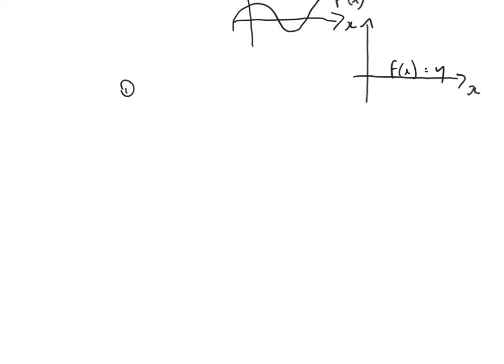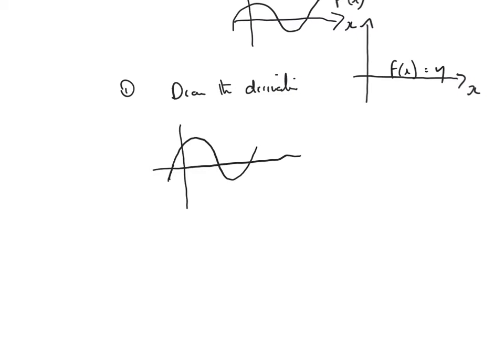Now, best explained with an example. So let's try an example one. We're going to draw the derivative. Okay, so let's say we've got a function that looks like this. Okay, now the function has got a turning point.